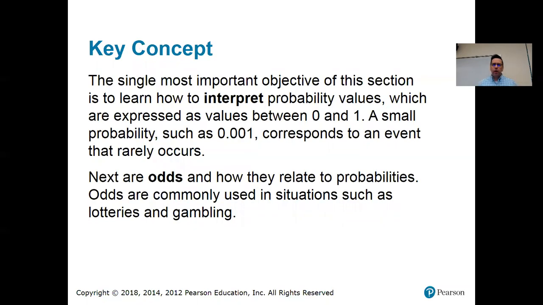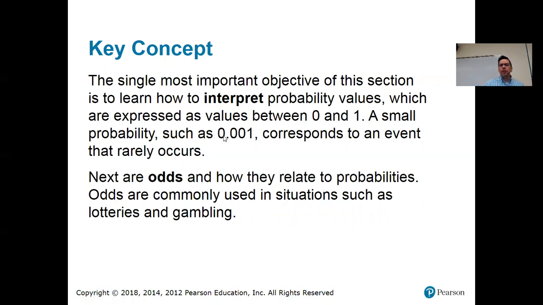All right, so the objective of this section is to learn how to interpret probability values. Probability values range between 0 and 1, and this is a number that expresses how likely something is to happen.